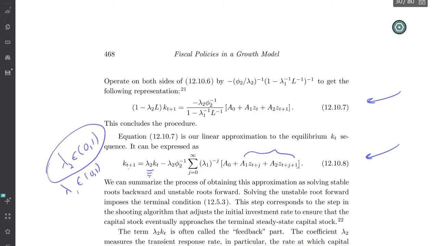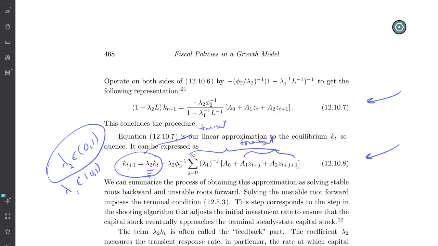So this part is the foresight part. This is explaining why capital and consumption and other things are responding to anticipated changes in government expenditures or taxes. And this term is explaining, well, if you get bumped off a steady state, it's going to take a while to converge back. So this is the transient return to a steady state. That's called the feedback part.